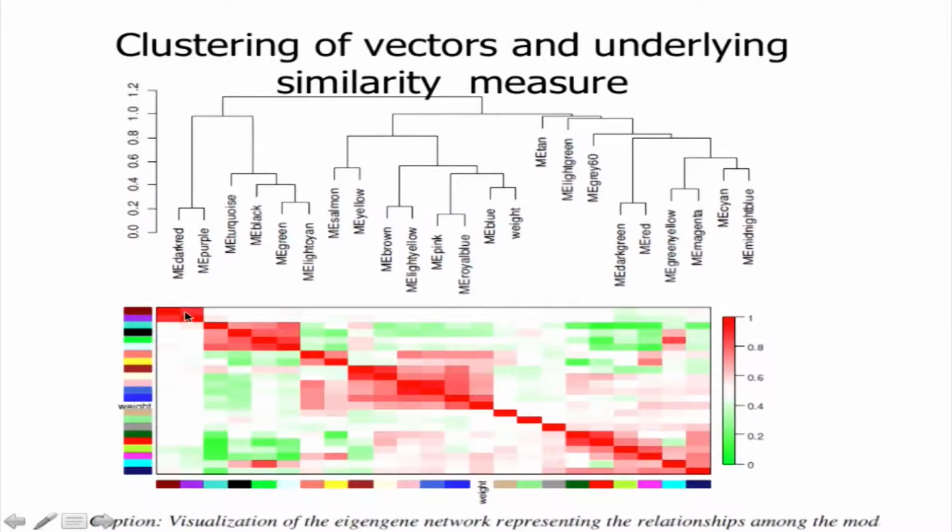For example, these two vectors, notice the merging point, the height on the y-axis is low, meaning they're very similar to each other. And therefore, when I visualize the dissimilarity, there's red, meaning they're very close to each other. Similarly, here I have another branch, and this branch contains 4 different vectors, and again, they are very similar to each other, and that's why I get this block.